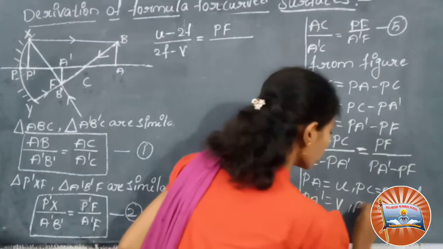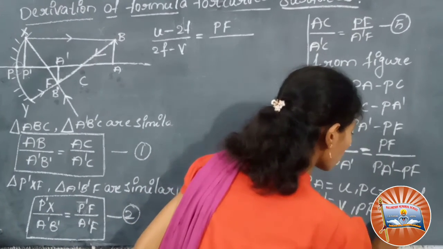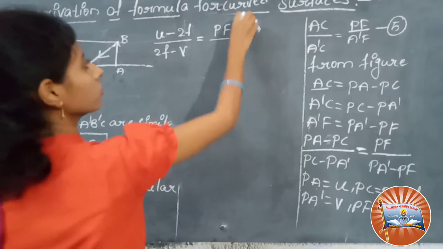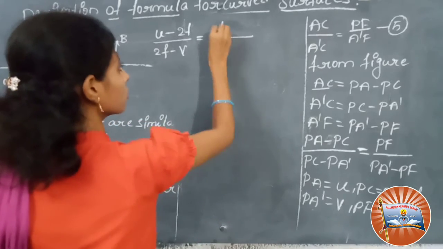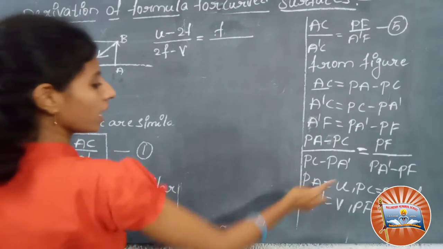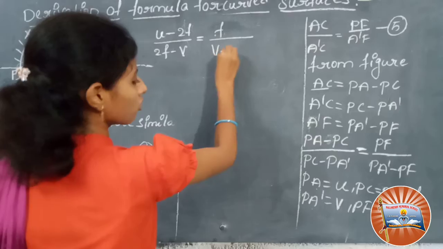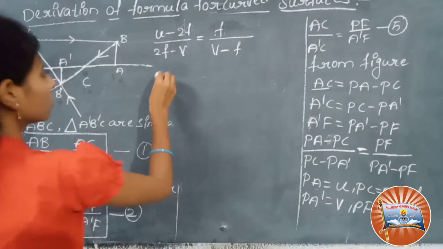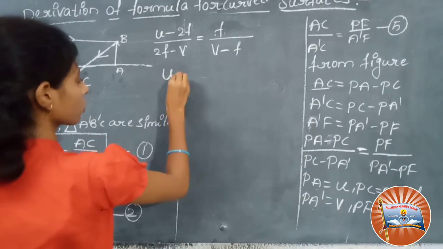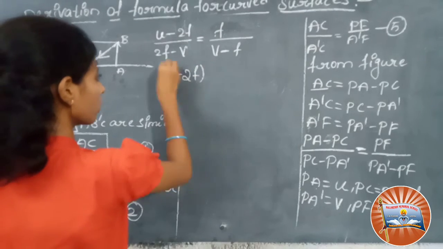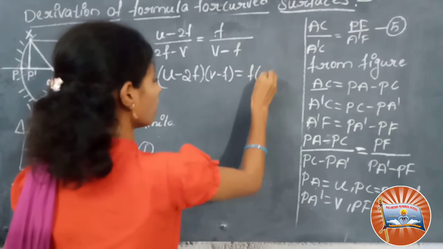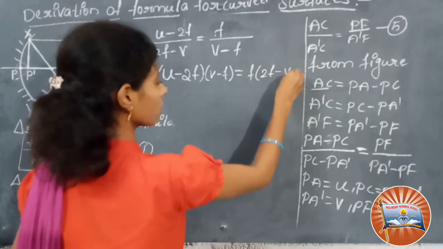So we can write PF is equal to small f. Now PA dash is V minus, again PF is f. Now do the cross multiplication. So U minus 2f into V minus f is equal to f into 2f minus V.